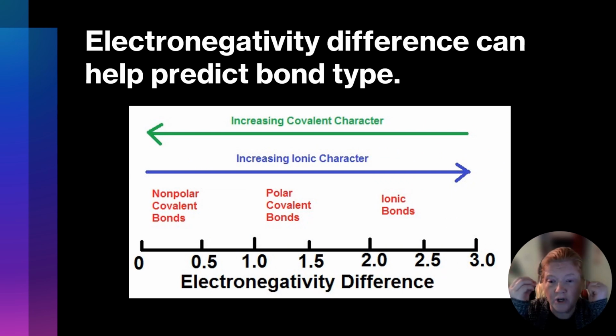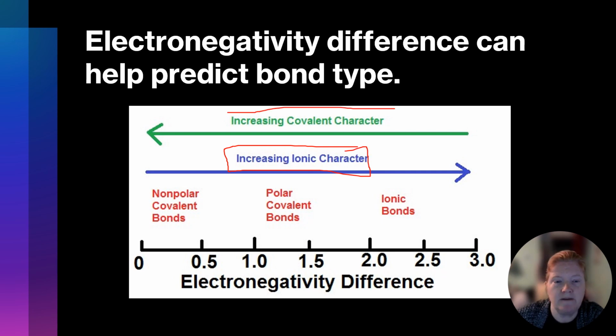Here's what's important to know. It's literally like a continuum. So it's not like at this line, it becomes polar, and at this line, it becomes ionic. As the electronegativity difference increases, you get more ionic. And as the electronegativity difference decreases, you get more covalent. Roughly between 1.5 and 2.0 is when the transition between polar and ionic happens.